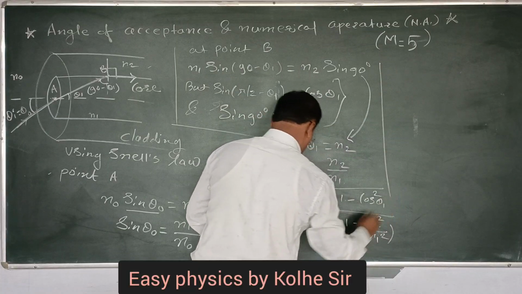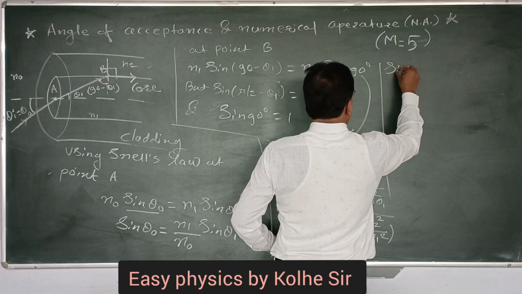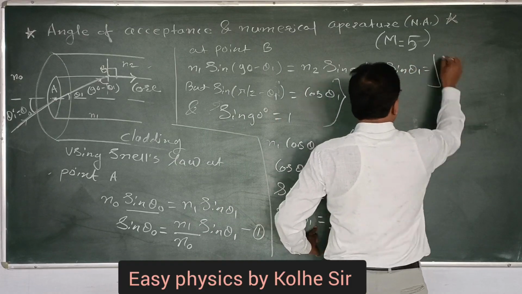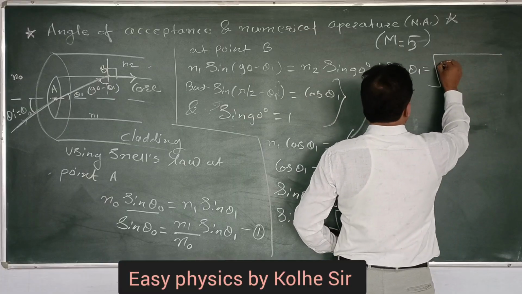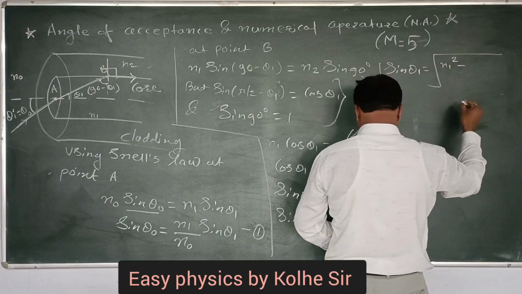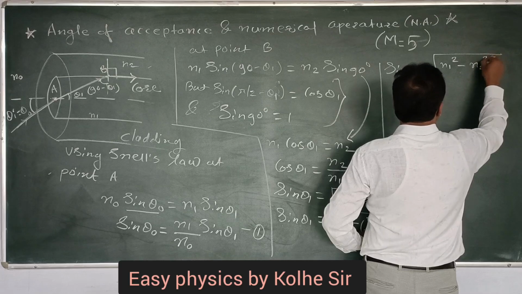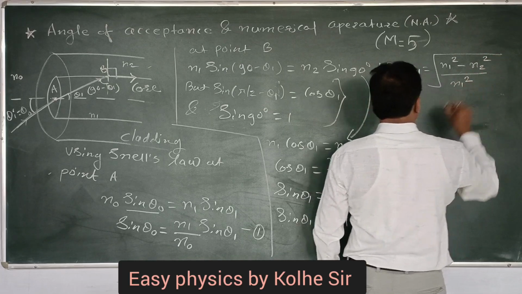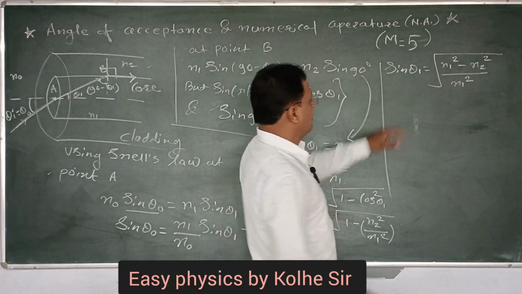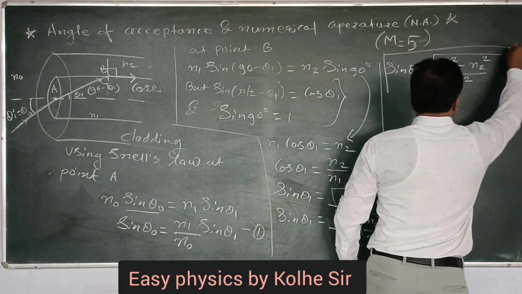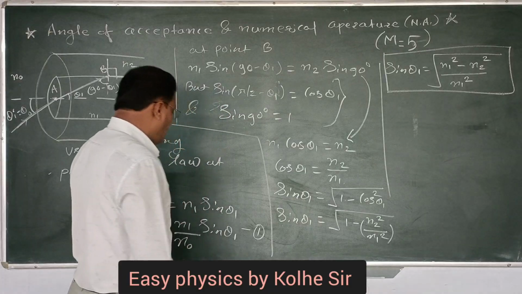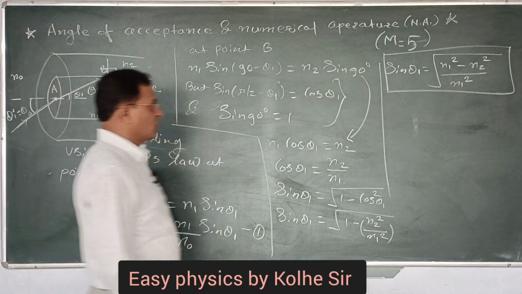So sine of theta 1 is equal to root of n1 square minus n2 square upon n1 square. So finally we got sine of theta 1. So we will put this value in equation number 1.